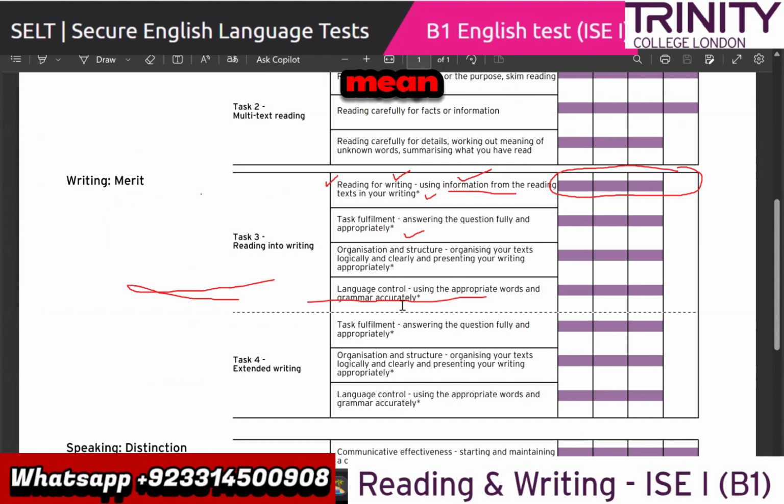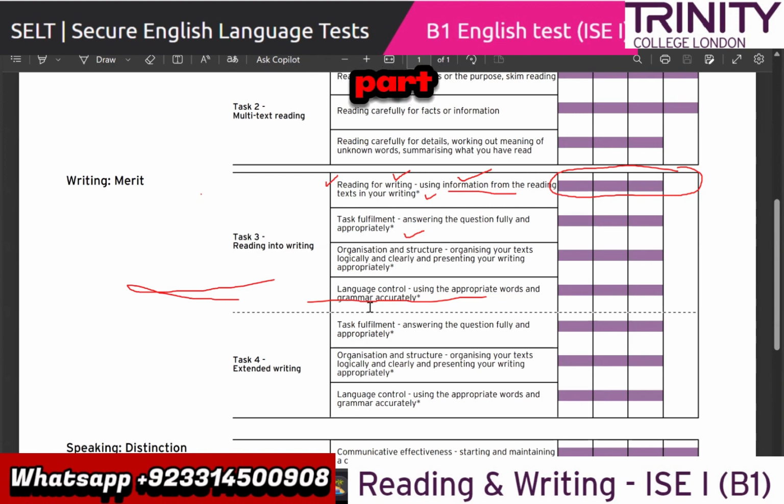What do you mean by organization? When I say firstly, secondly, thirdly, organization means putting things in order, right or wrong? Yes. So arranging information logically, that's what we are trying to do. We divide paragraphs and say, firstly I want to talk about this, secondly I want to talk about this, and thirdly I want to talk about this, because we want to gain marks.